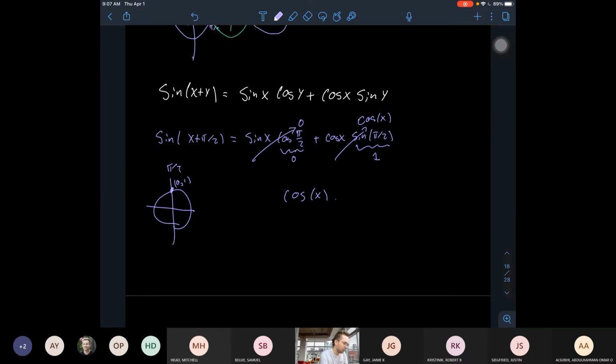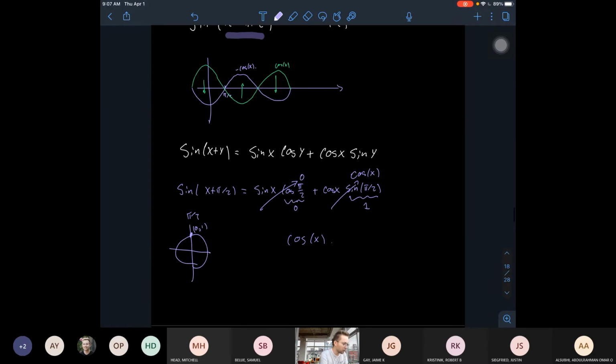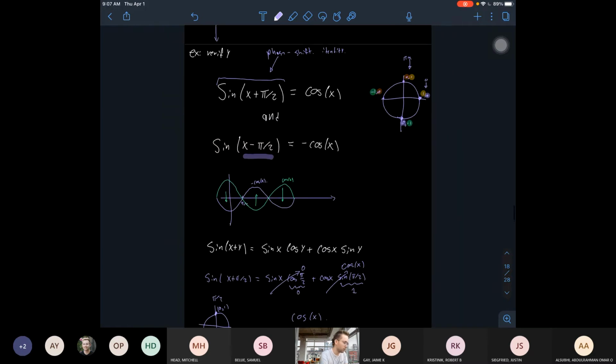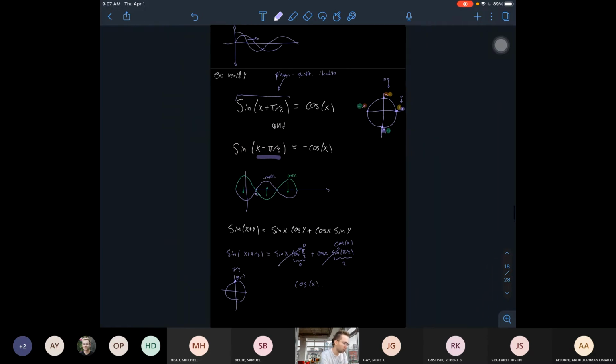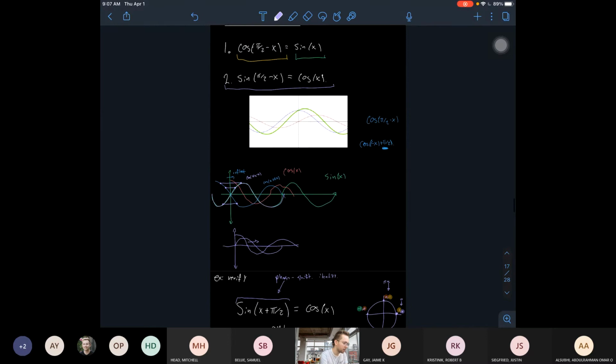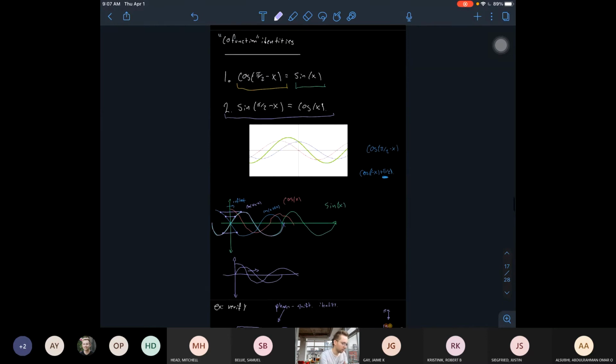Okay. Any questions about the phase shift identities or about the cofunction identities? I'm hoping that these are intuitively clear to you based on the graphs of the functions.